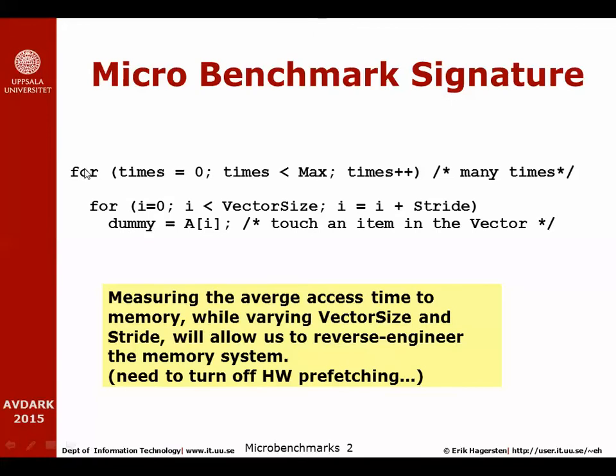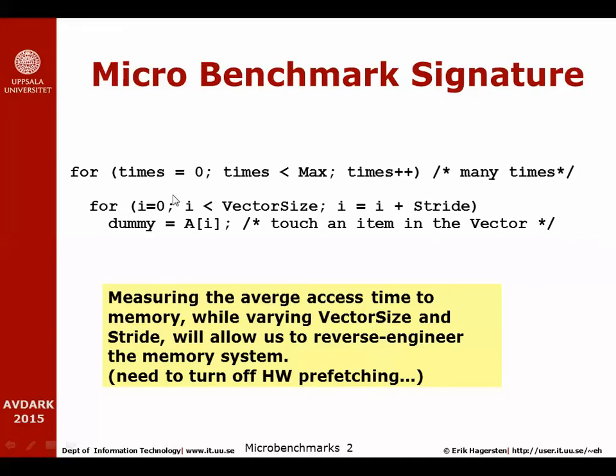So we loop for some large number of times in the outer loop, and in the inner loop, we loop over a vector using some stride, and we access each element with that stride in this vector. It's a very simple program.